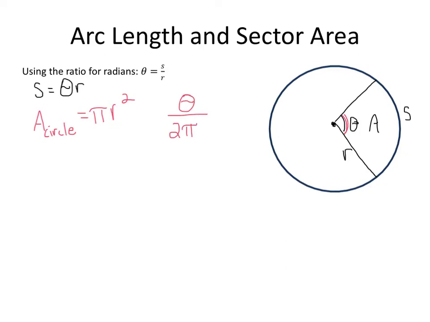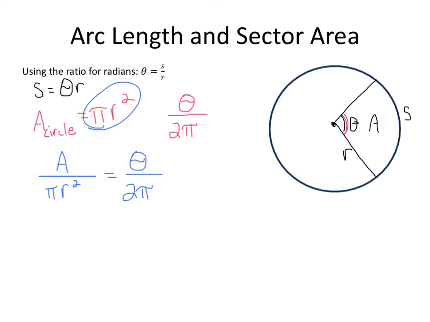What happens is that these two proportions actually become equal. So with A being my sector area, proportional to pi r squared, that's the area of my circle, that's equal to the same proportion of theta over 2 pi, being one complete revolution in a circle.